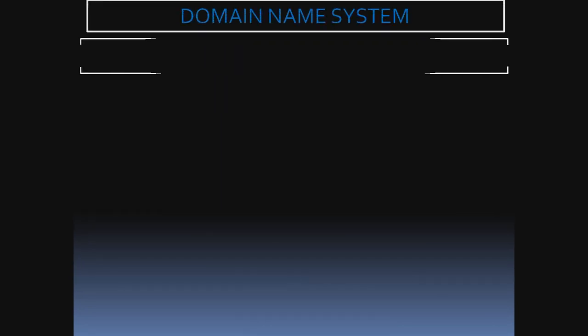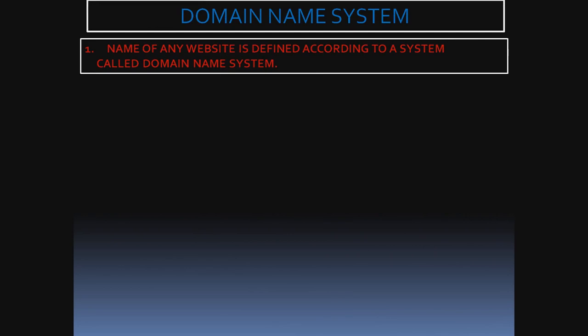So we will now talk of the domain name system. As I said, the name of any website is defined according to a system called the domain name system. So this is a naming system. Wherever I said www.cbse.nic.in, it is due to a system called the domain name system. The web server has to follow this system.